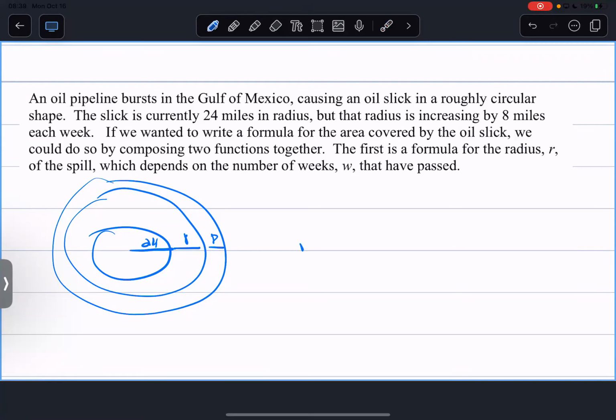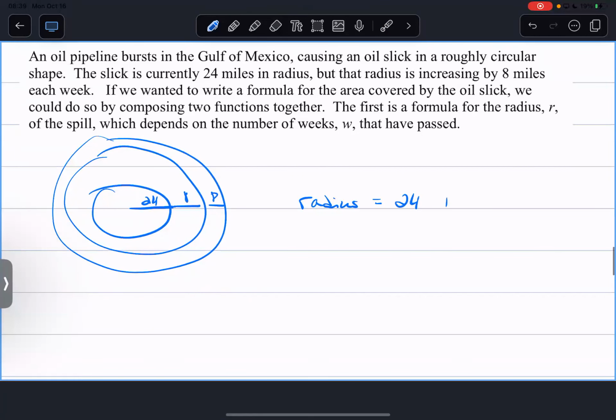I can say that the radius, let's write it out in words first, or kind of a mix of words, and then we'll move into function notation, right? The radius is 24, and then increasing, which means plus 8 miles, 8 every week.